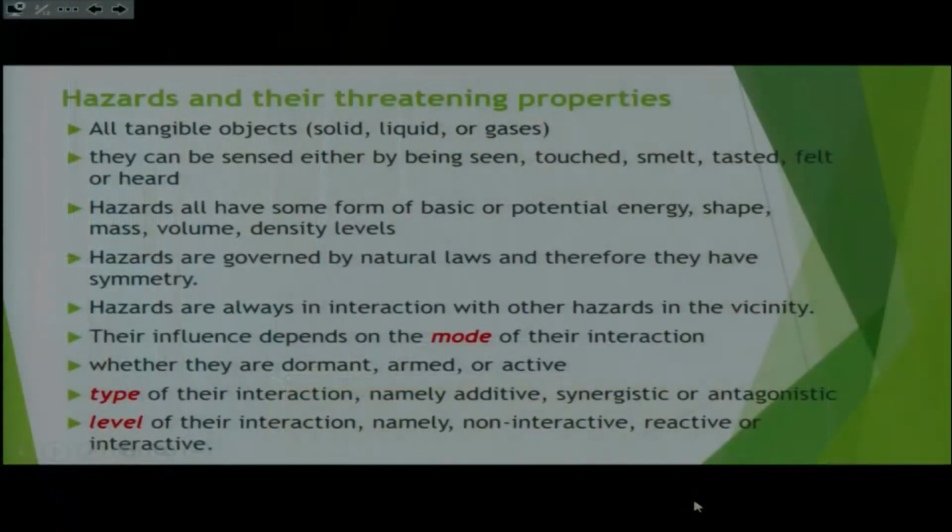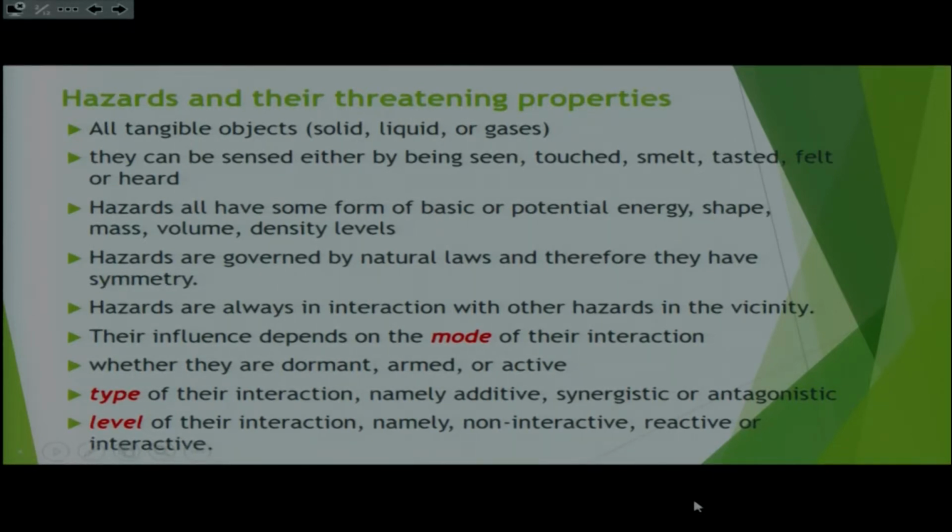This is just an example, just a background. All tangible objects, meaning solid, liquid, and gases, they can be sensed either by being seen, touched, smelled, tasted, felt, or heard. Hazards all have some form of basic or potential energy, shape, mass, volume, density, levels. Hazards are also governed by natural laws and therefore they have symmetry.